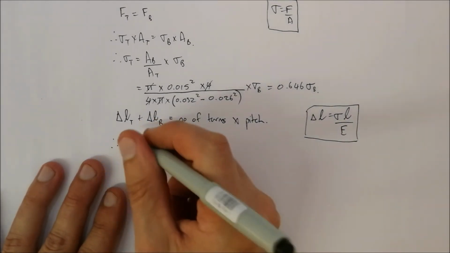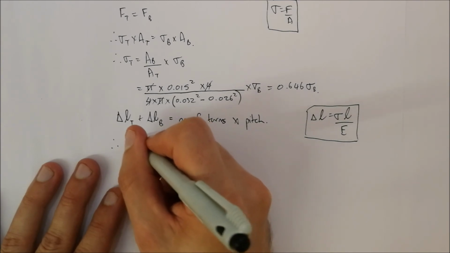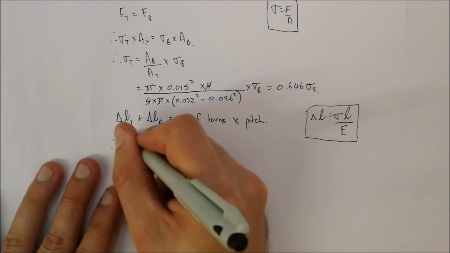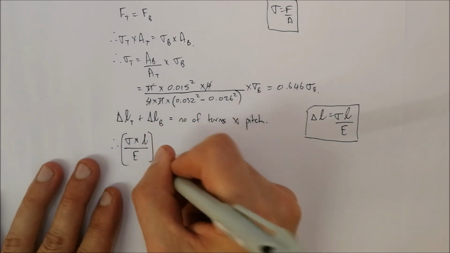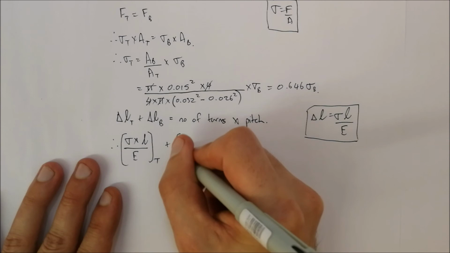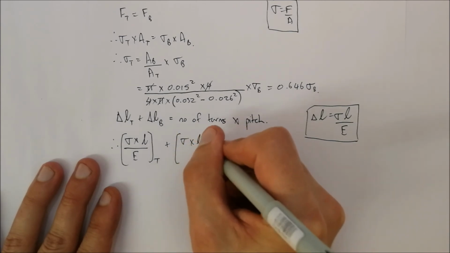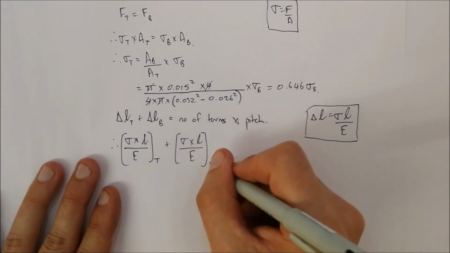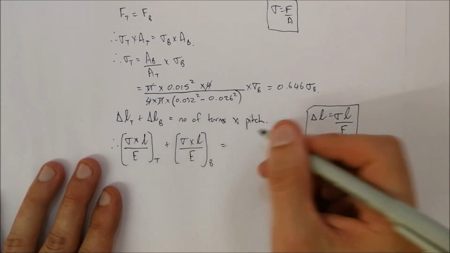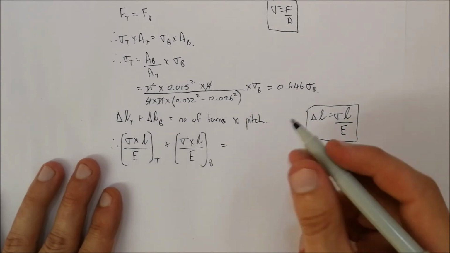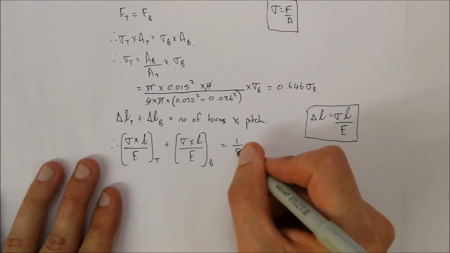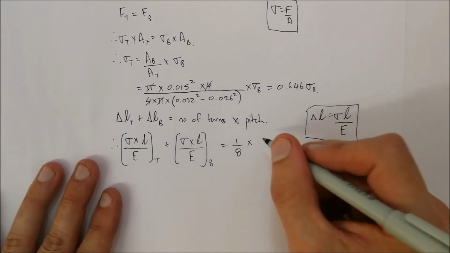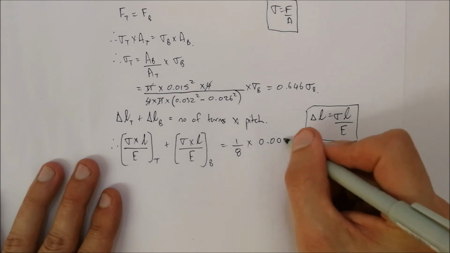So therefore, stress times length over E, all for the tube, plus the stress times length over E, all for the bolt, is equal to an eighth, because the number of turns we did was 1/8, and multiply by pitch, and pitch we were told is 2 millimeters, so that is 0.002 meters.